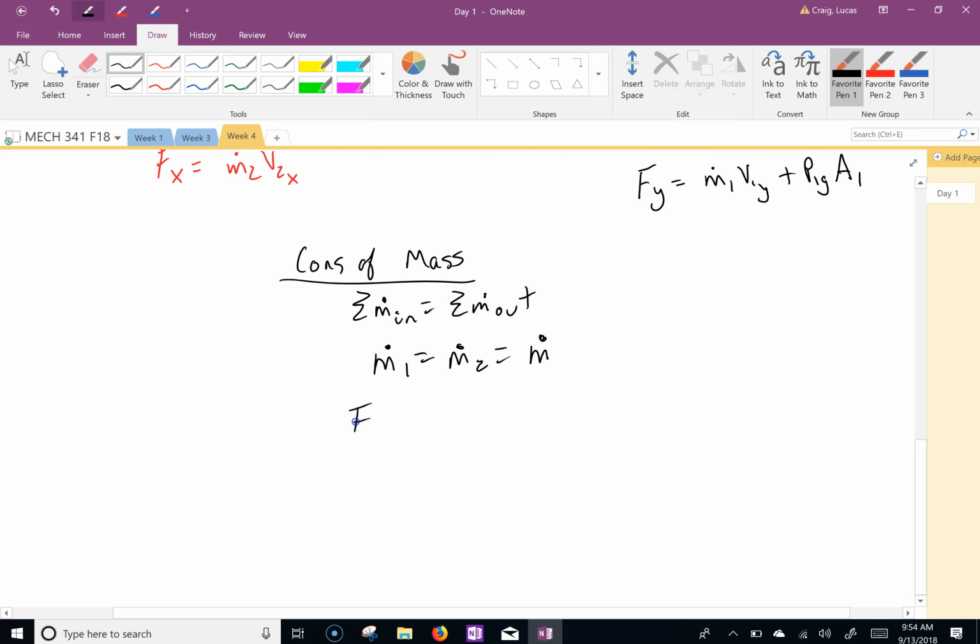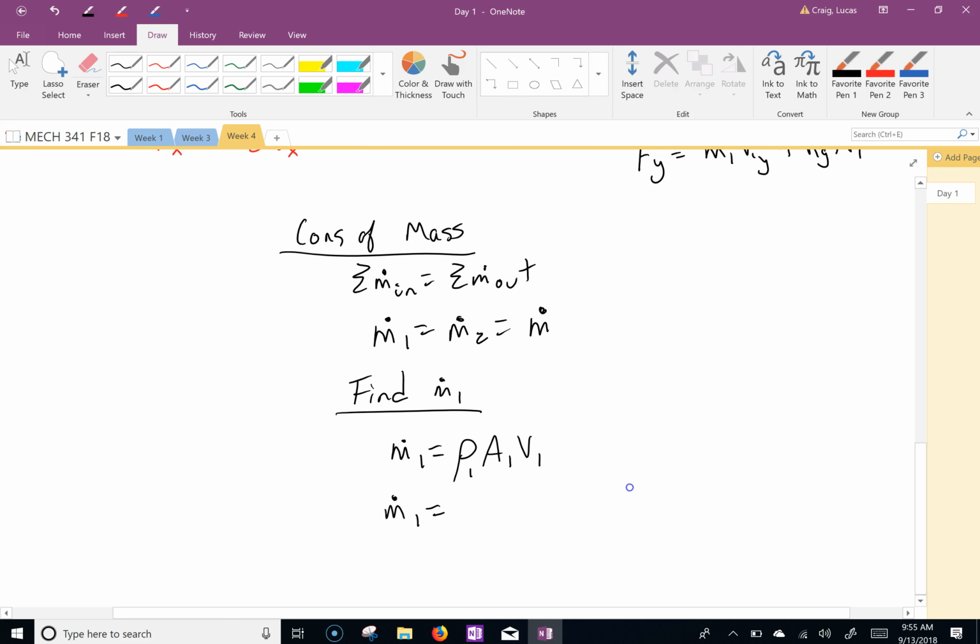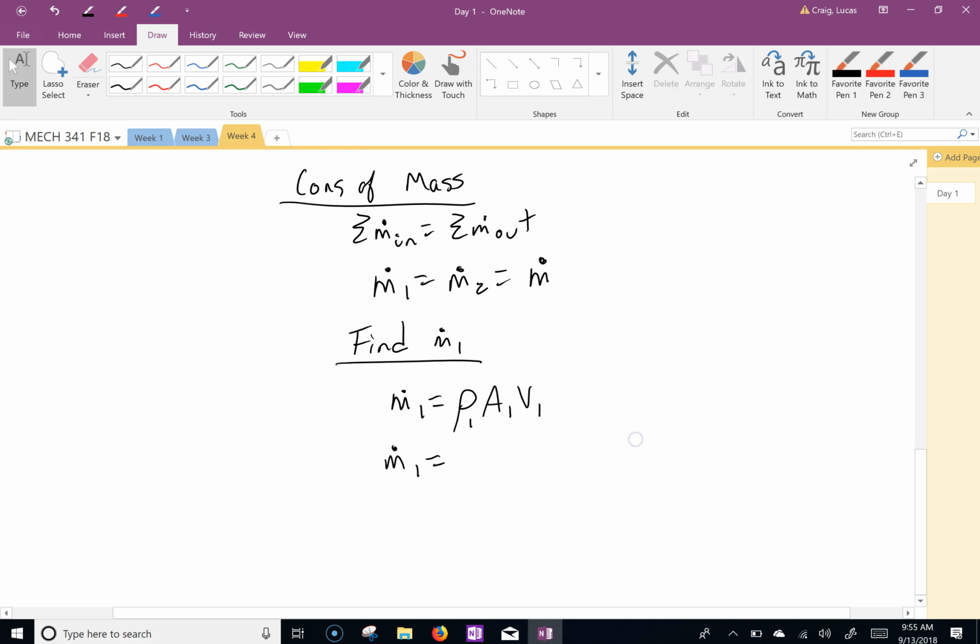And then we can now find m dot 1, which is rho 1 A1 V1. Density is 1,000 kilograms per meter cubed times pi. Oh, I'll break my rule. I don't care. You've graduated.